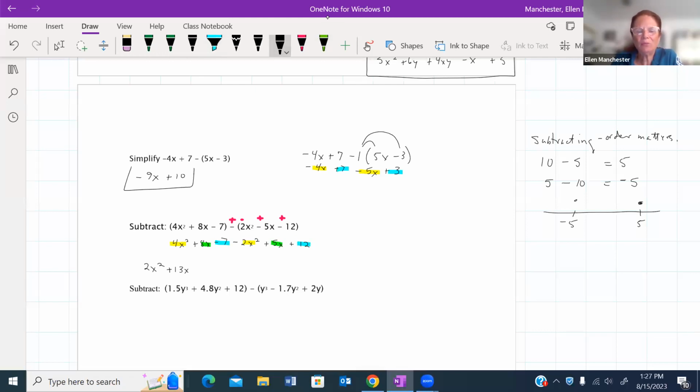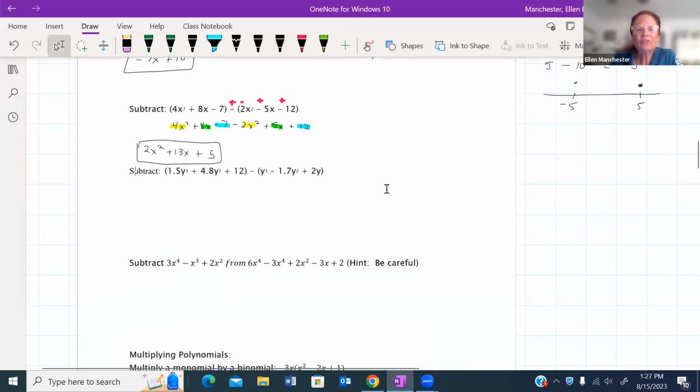So -7 plus 12 is a +5. And there is your answer. Now notice there's no equal sign, so these are just expressions. We're not solving for x. If this had an = 0, then we would have to solve for x, but we're not there yet. All we're doing is adding or subtracting our like terms.